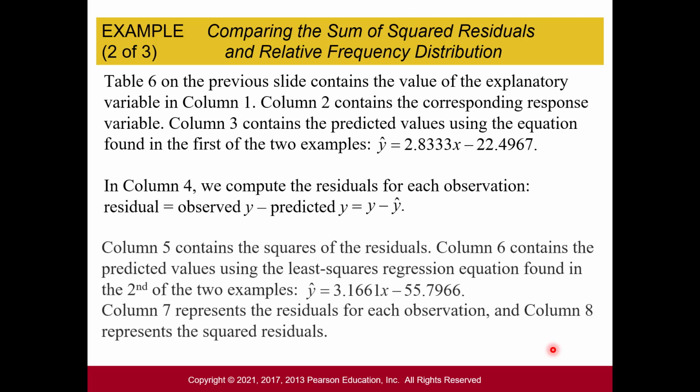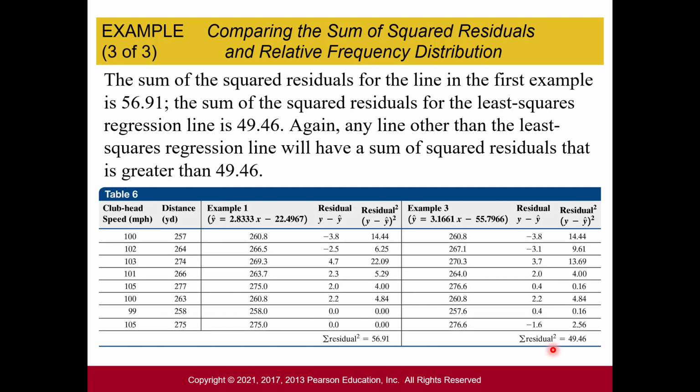So this is pretty much the columns broken down from the table we just looked at. What this is basically saying, because the least squares regression helps us find the smallest residuals, is that no matter what other line we might come up with to model our data to fit in between our scatter points, the sum of the squares of the residuals is always going to be bigger than 49.46.